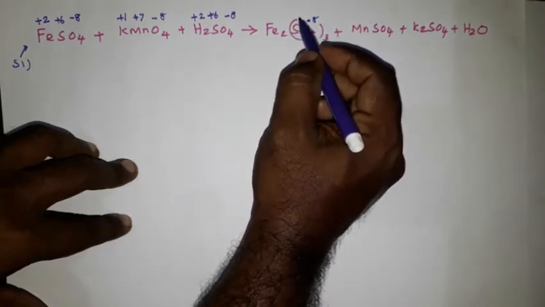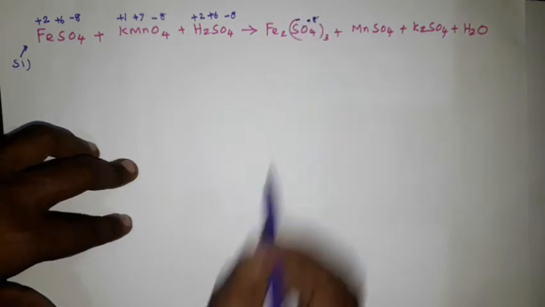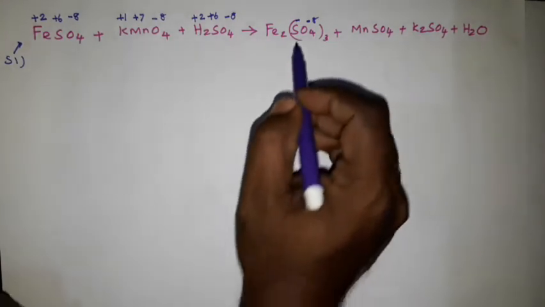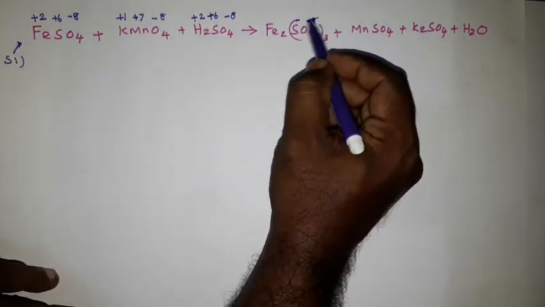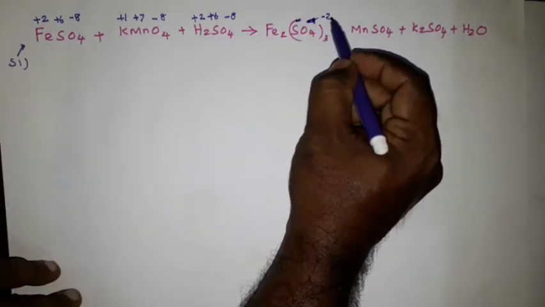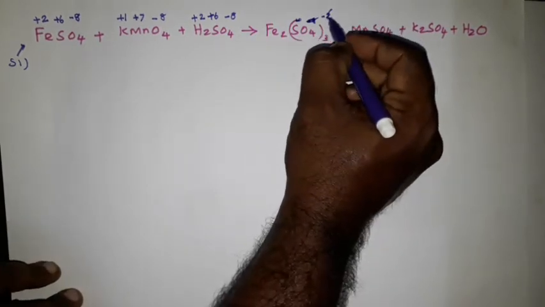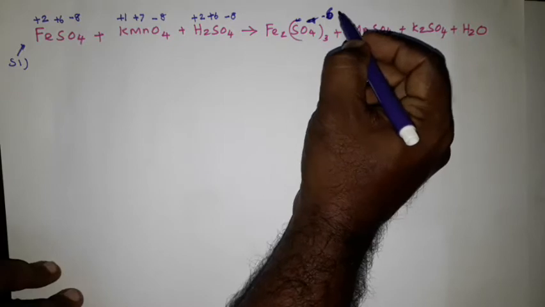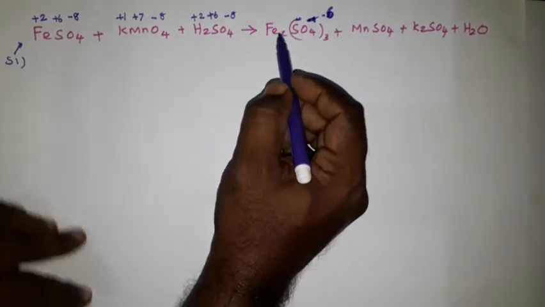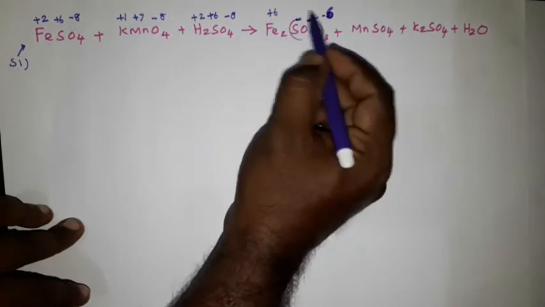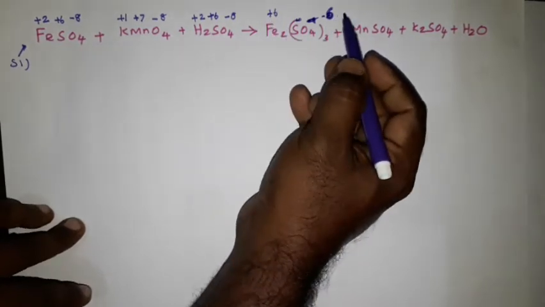So here put now, see here sulfate SO4 it will come minus 2. So there are 3 SO4, so it will come minus 6. Okay. So here 2 Fe atoms, it will come plus 6. So plus 6 minus 6, you will get 0.